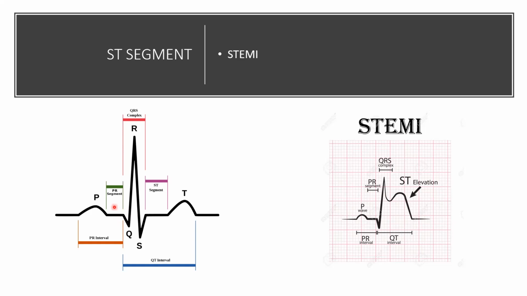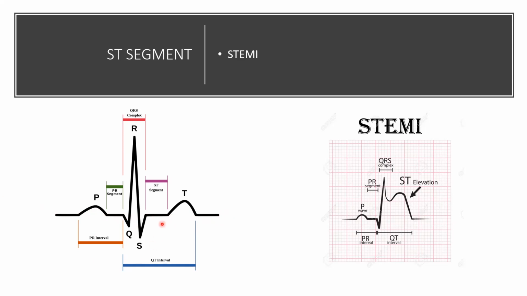So technically, if we have a straight line, and let me just get my ruler over here. I lost my ruler. But anyway, if I put a ruler right here, the baseline should continue all the way to the end of the T wave. Okay, so that's the baseline.